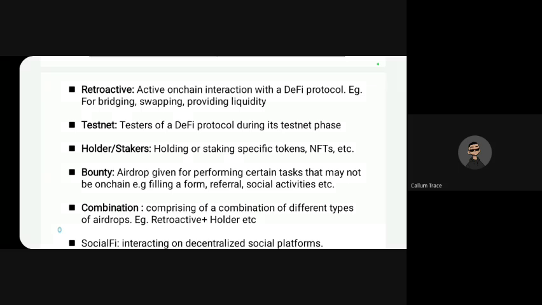So this one is basically free, and you can make so much money on testing products, right? Because you're not spending any money. And these testnets are mostly recommended because you have nothing to lose, right? If the project does not do well at the end of the day, you didn't spend any money, you didn't spend any gas fee.